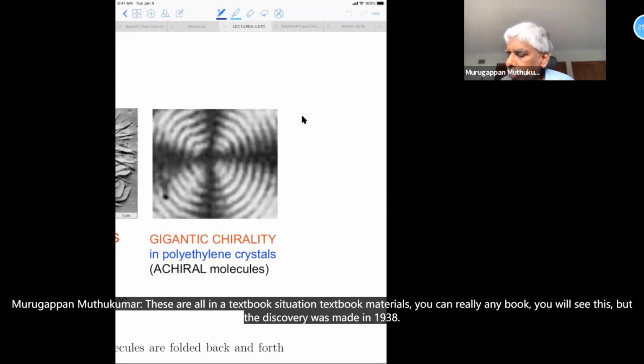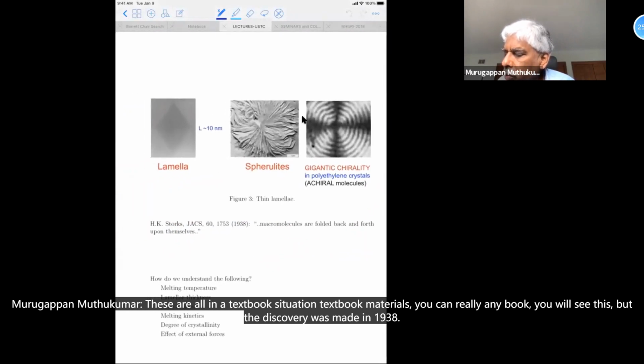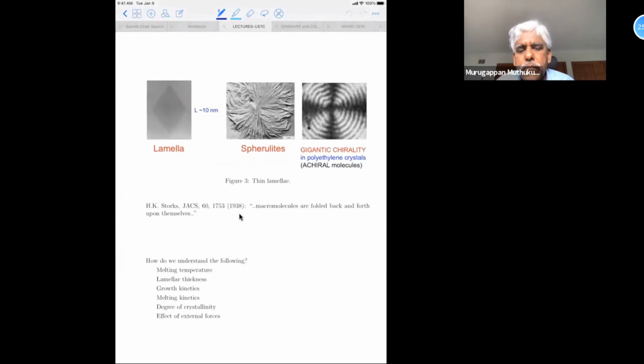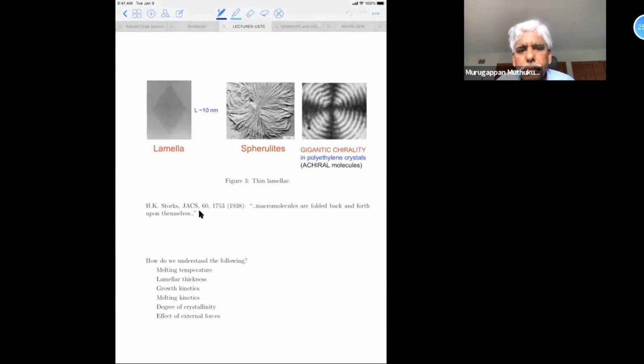These are all textbook materials. You can read any book, you will see this. But the discovery was made in 1938. There is a single author paper in JACS.